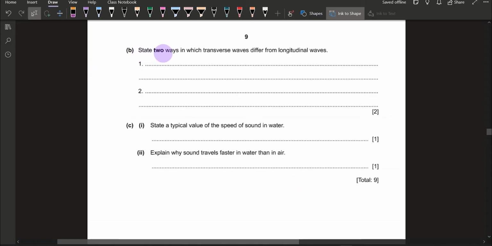Part B says state 2 ways in which transverse waves differ from longitudinal waves. So transverse waves are like this, and we know that the energy travels like this on this side, and it is perpendicular to the wavefront. So we can write down here the direction of travel is perpendicular to the wavefront.